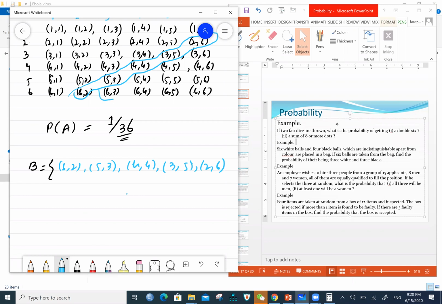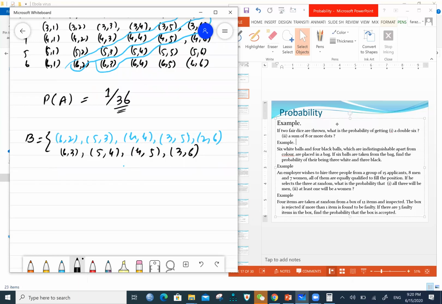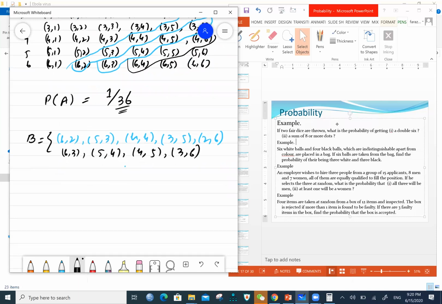So 6 3, 5 4 also count. Are you following? Is that clear? It could be 10 as well. So for 10, these options will be added as well.